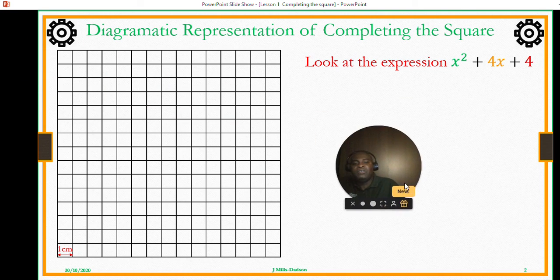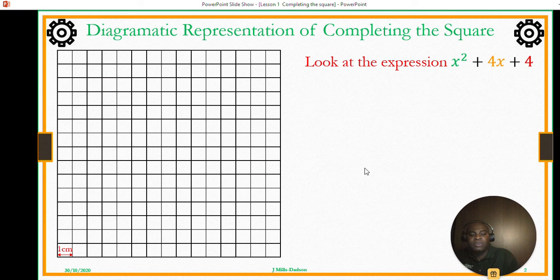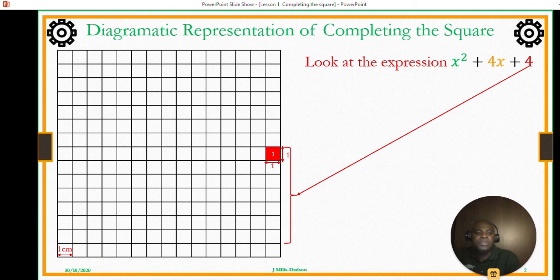Now, let's see how we use diagrams to explain completing the square. On the screen, you have a 1 centimeter square grid, and the expression that I have is x squared plus 4x plus 4. This is 1 square unit, and I need 4 of those to represent the constant 4.